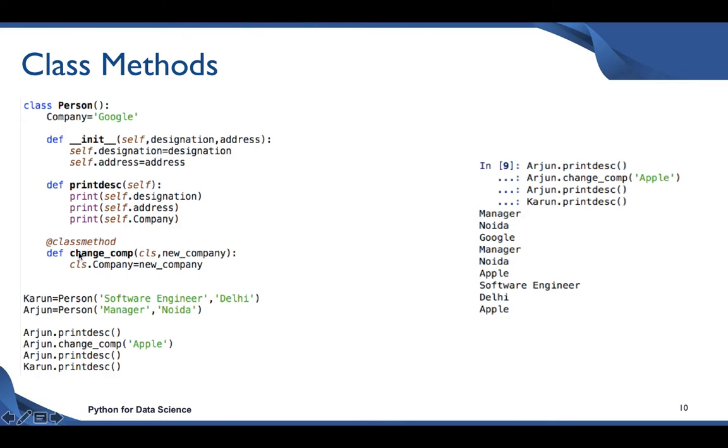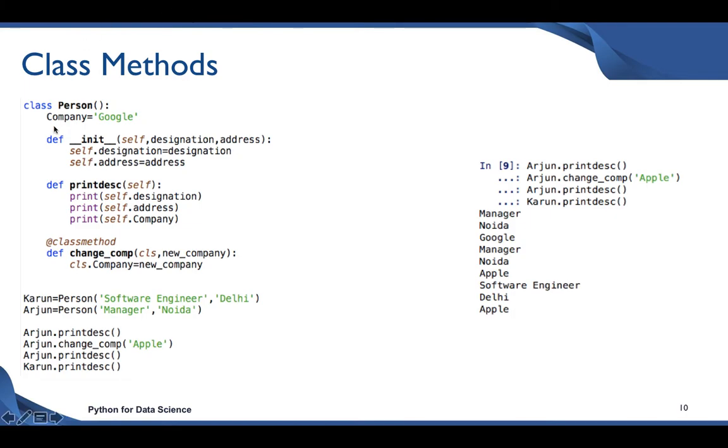But in the class method we will not pass the self keyword, we will pass cls because it has the class variables. So the class methods are those methods which consist of the class variables, not the instance variables. So if I want to change the class variables, I could change them by using the class method because they are easily accessible by the class method.